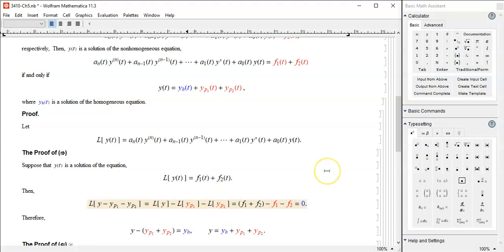So we have f1 plus f2 minus f1 minus f2. Oh, that's 0. So this whole thing is equal to 0. That's a homogeneous equation. So this whole thing is actually a solution of the homogeneous equation, yh. So we have it. Simply flip over this part. Then what do we have? We have the solution: y equals yh plus yp1 plus yp2.